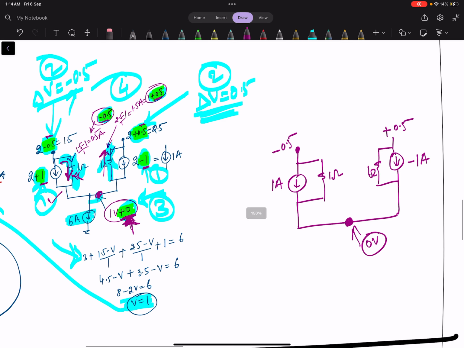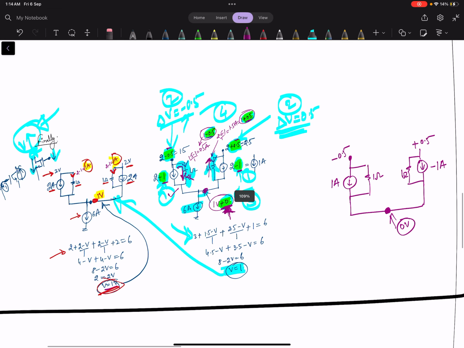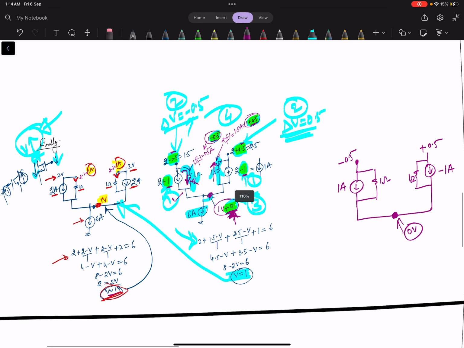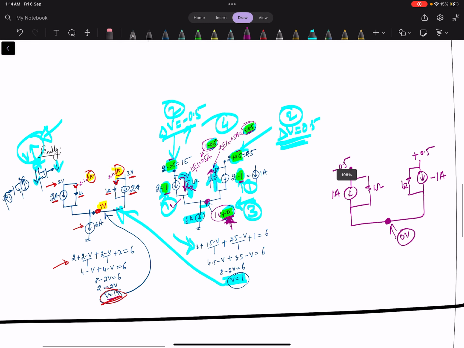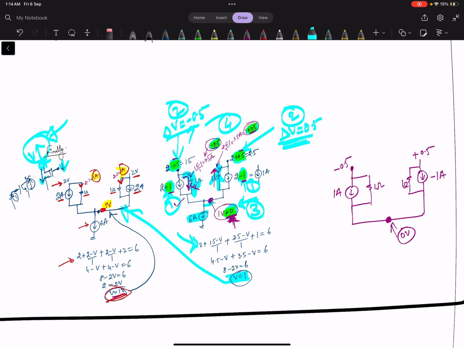From here we can simply see that the change in this current is equal and opposite to the change in this current, and the change in this voltage is equal and opposite to the change in this voltage.